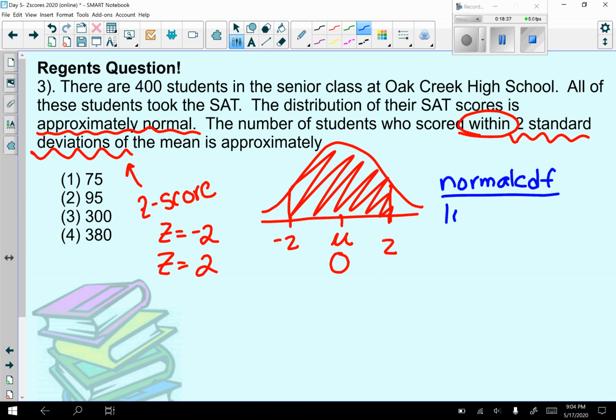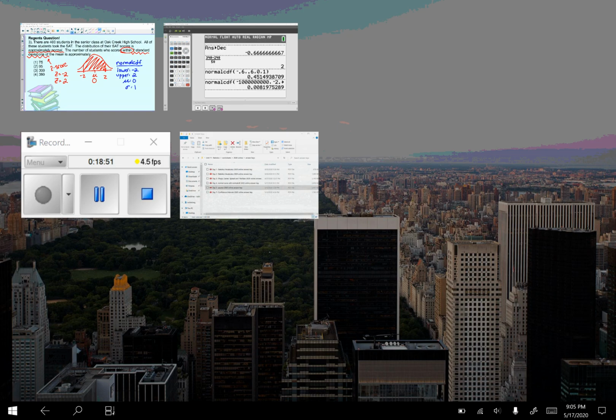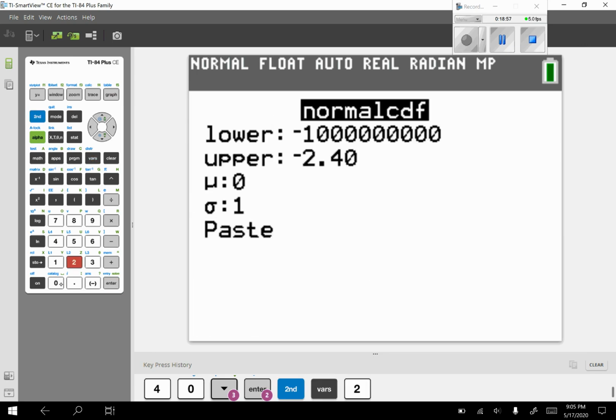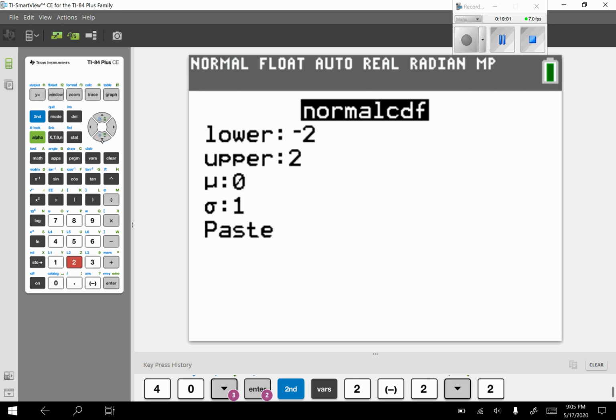So my lower bound is negative 2. My upper bound is positive 2. Because I'm using z-scores, mu is 0 and sigma is 1. Second, vars, choice 2, negative 2, positive 2, 0 and 1 stay.